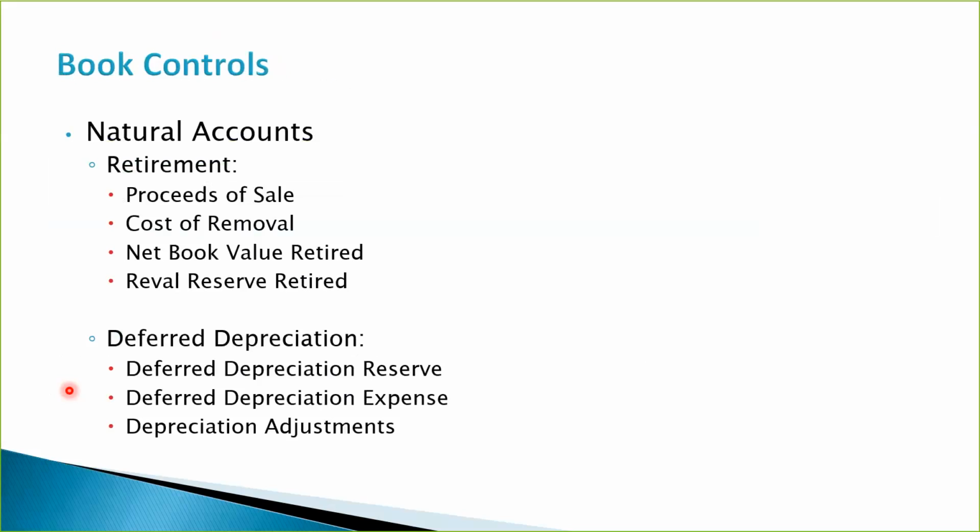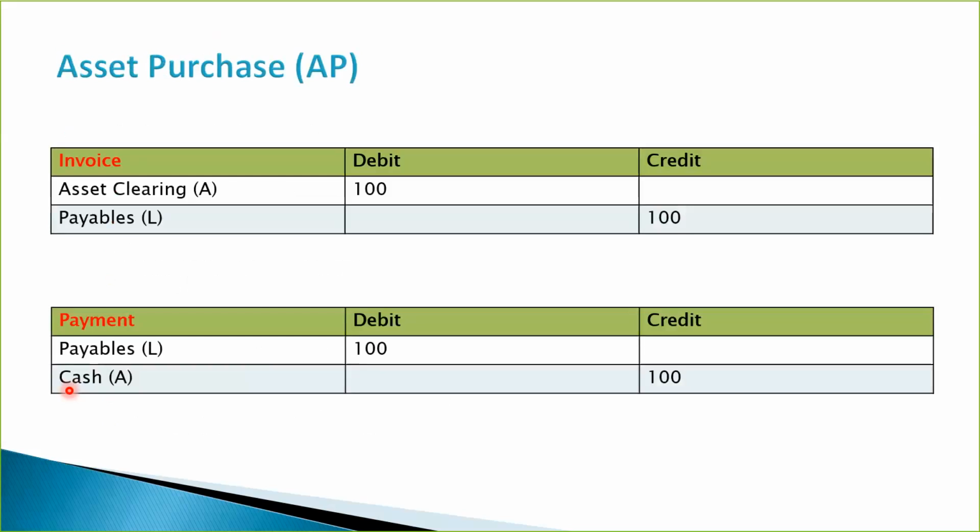In our previous session, we looked at the combination of all those transactions and what accounting they would give us, and that was for the reason of understanding where gain and loss comes in, and also where those particular accounts come in, the proceeds of sale and cost of removal. So now we are going to look at those transactions per module, with each of the modules that would be involved. And we are going to start with acquiring an asset.